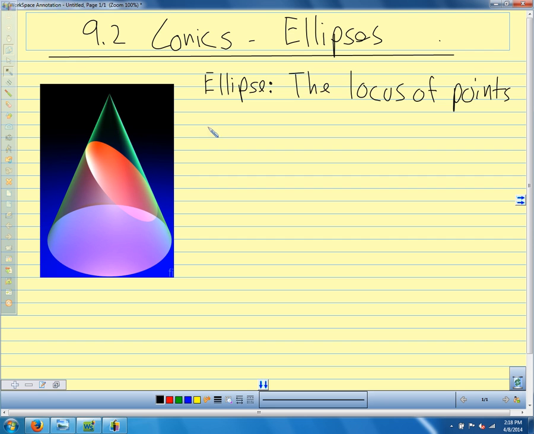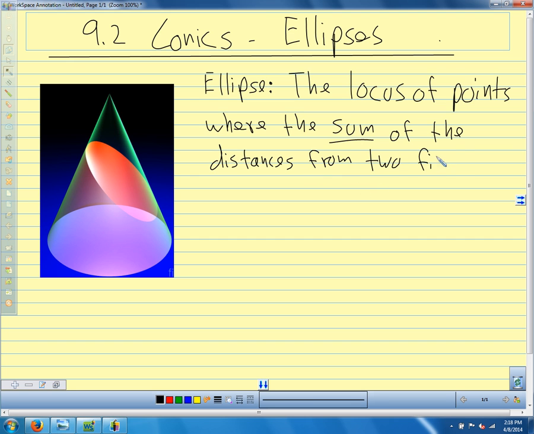The locus of points where the sum of the distances from two fixed points, and our fixed points are called the foci, plural of focus. Two fixed points called the foci. The sum is constant.